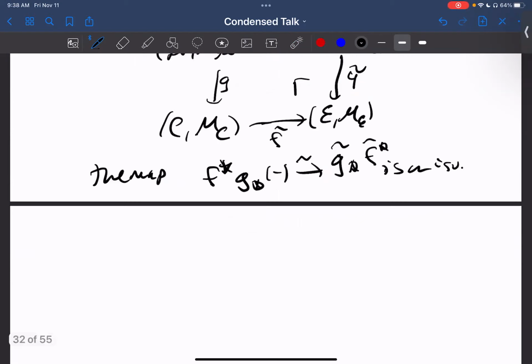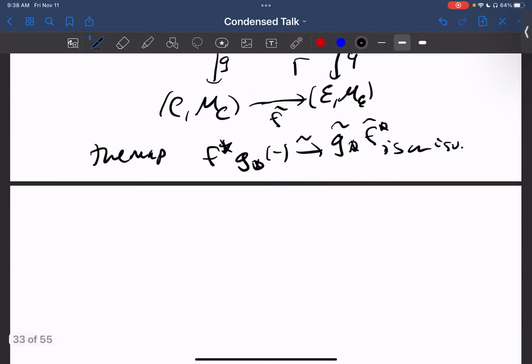So this just says the base change commutes with push forward.